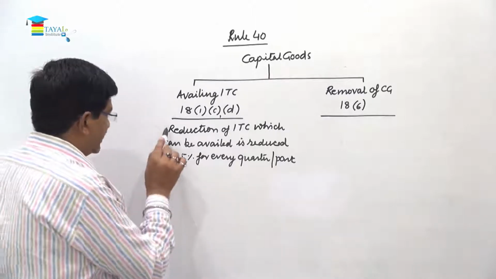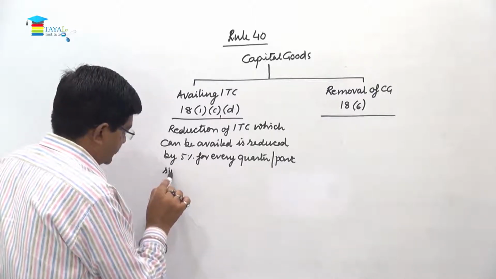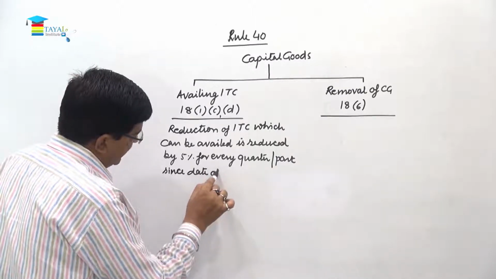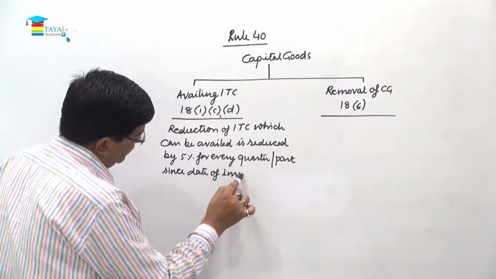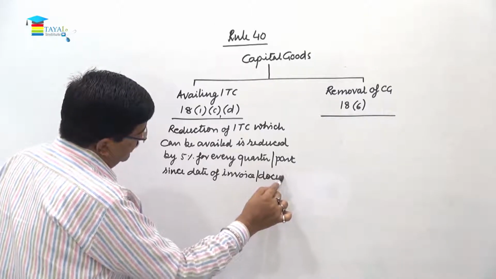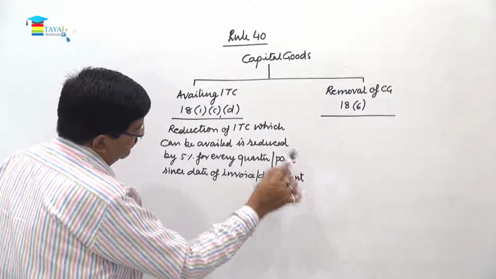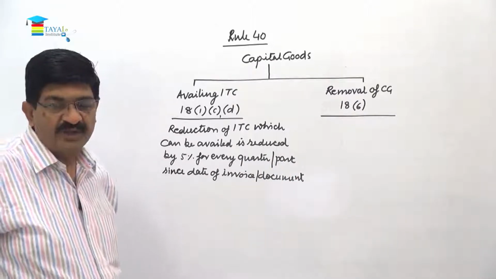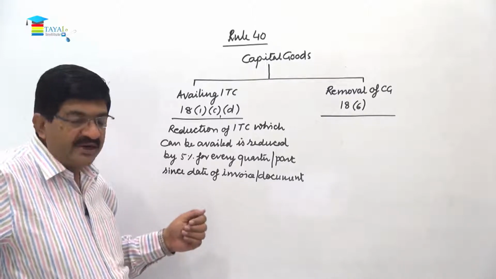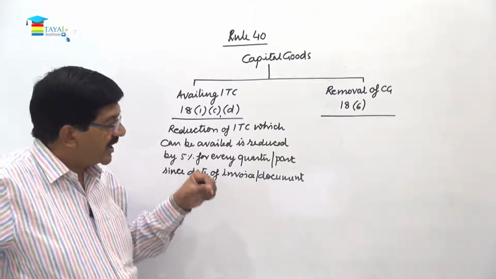And this begins since the date of invoice or any other document on the basis of which the input tax credit is intended to be availed. So this will be reduced at the rate of 5% for availing.